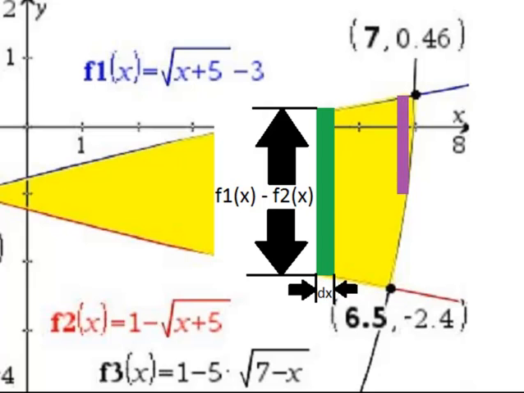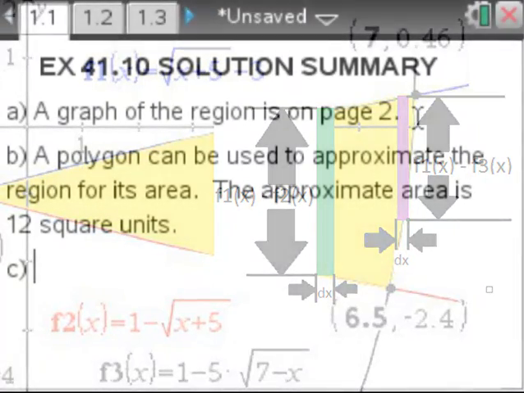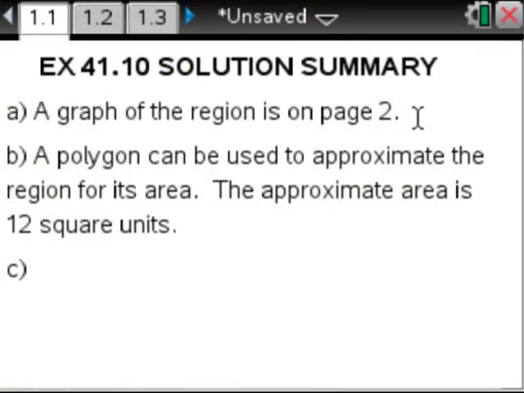For the thin vertical rectangles in the smaller right-hand portion of this region, their length becomes upper y minus lower y, which translates to f1 of x minus f3 of x. Their width, in each case, is also dx. Taking into account our visualization here, we've got a strategy. Let's tell the person reading our solution what we have in mind here.